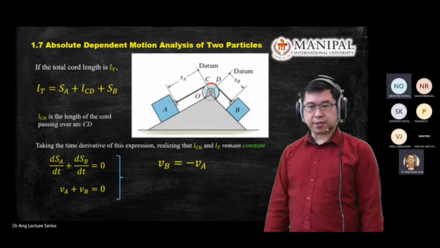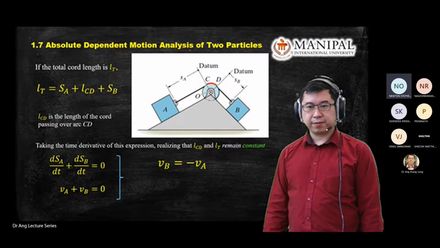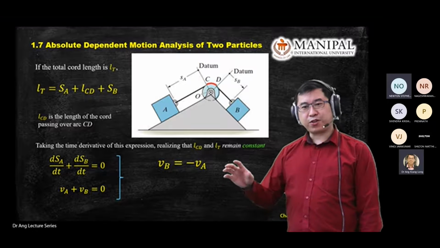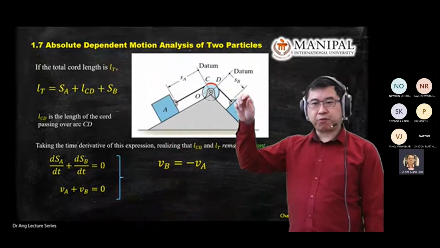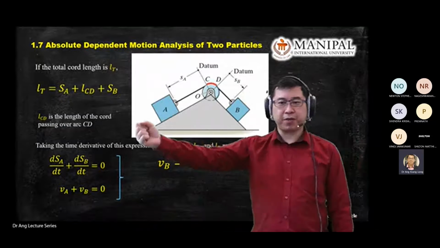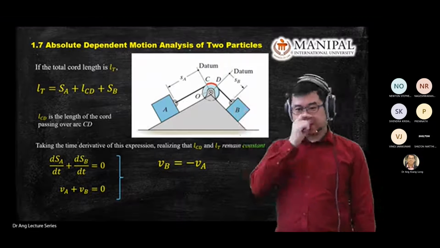Hello, sir. Yes. So is all of this assuming that they have the same weight? We're not talking about weight at this moment. We talk about what happens if you pull A and pull B. What happens to these two bodies?